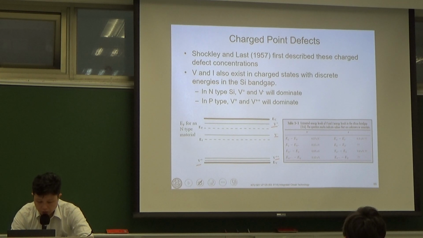This dashed line here is E_i, which is in the middle of your band gap, and this is E_F, your Fermi level.